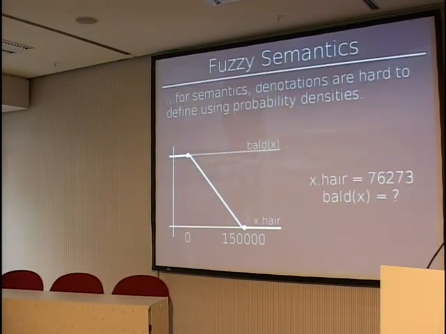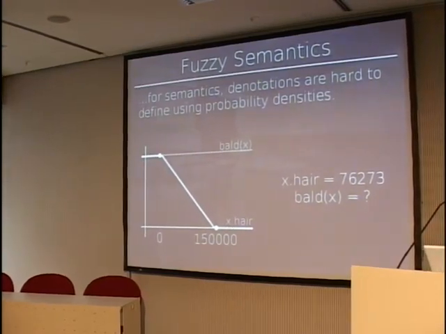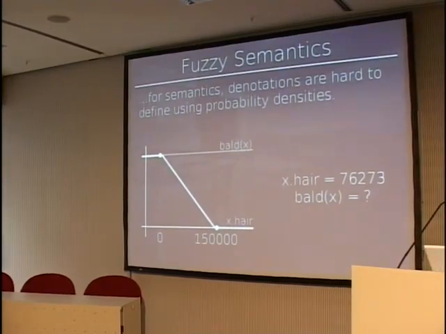Isn't that probability theory? Well, actually, no, it's not. Because if you're looking at bald, and you say that bald of x is a probability density function, then what probability theory is all about is dealing with uncertainty. And uncertainty is mathematically very different from vagueness.